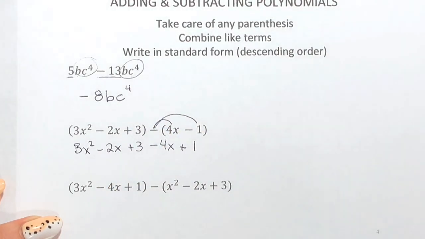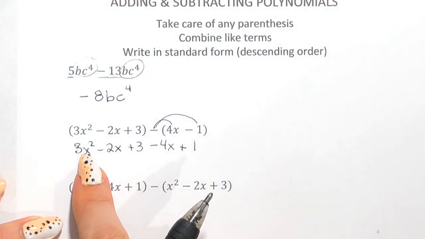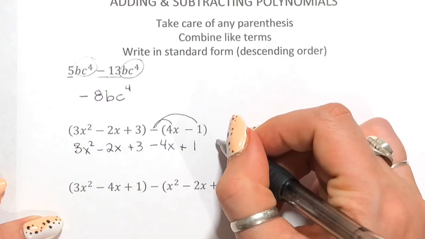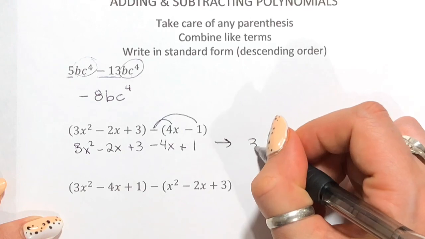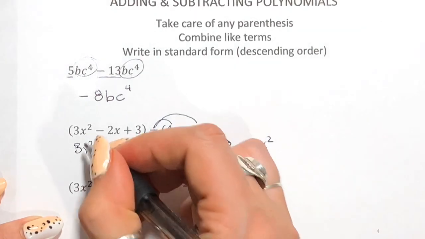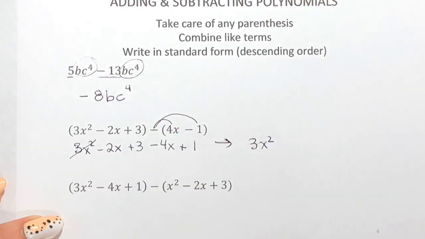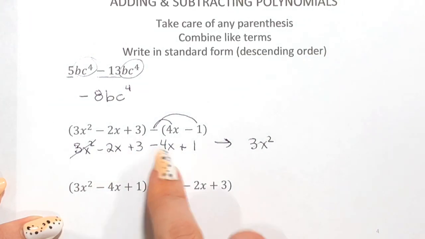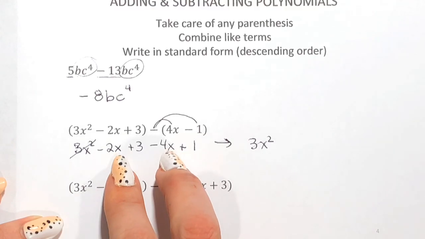So now let's combine our like terms. Here I have an x squared, but scanning through, there are no other x squareds. So we're just going to keep it a 3x squared. And then I'm just going to cross it off since we've used it. Now let's look at our x's. I have a negative 2x, but then I have a negative 4x. So these are like terms, so we can combine those.